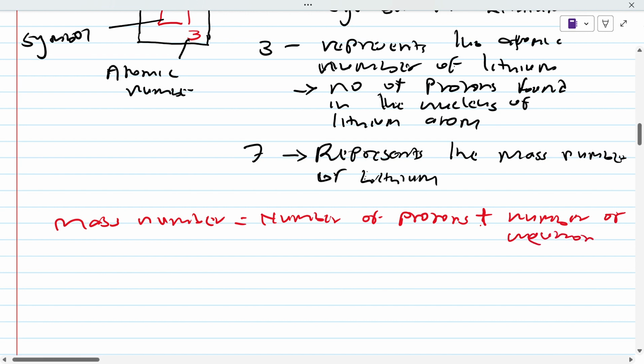So for example, for me to have 7 as the mass number of lithium, it means that 7 was gotten when I added 3, which is the number of protons, plus x.